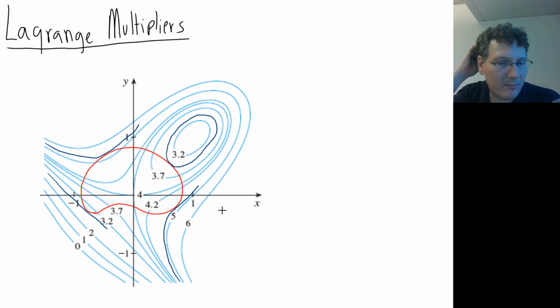The lowest value of the function, as long as this function is smooth and the boundary we're looking at is smooth, at least smooth sections of the boundary, or the entire boundary is smooth, right? What's going to happen here? The highest value of the function in this red area is going to be happening right here.